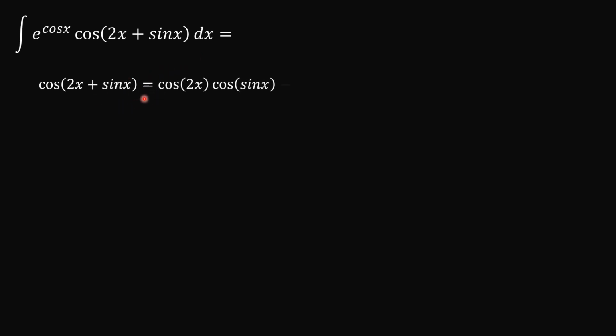So the first thing that I personally would do is to expand the cosine of 2x plus sine x term. Using the sum of angles identity within the cosine function, that would be cosine 2x times cosine of sine x minus sine 2x times sine of sine x.